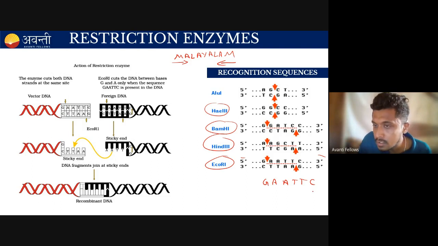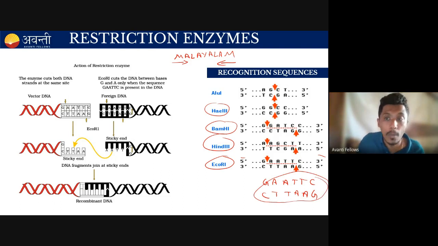So that is GAATTC. So this sequence is called a palindromic sequence. You understand? Now what we think, okay, AGCT, TCGA, it doesn't make sense, isn't it? So that is why we have to consider both the strands. So if we consider both the strands, then we get a proper palindromic sequence. So AATTC, and then you see AATTC. So this is called a palindromic sequence.